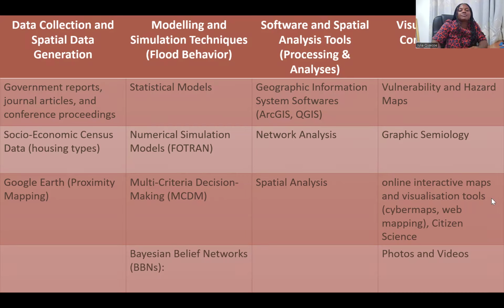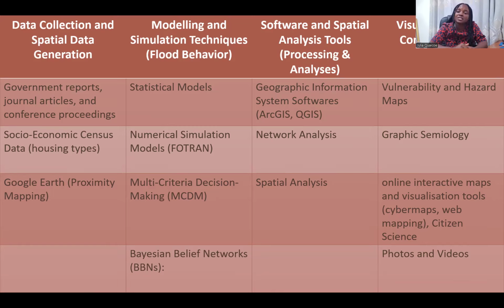And then in terms of the modeling and simulation techniques, or looking at the flood behavior, one can utilize statistical models, numerical simulation models like Fortran, or multi-criteria decision making. And then another person can also utilize Bayesian belief networks. And in terms of the software and spatial analysis tools for processing and analysis, one can also consider GIS software like ArcGIS and QGIS.